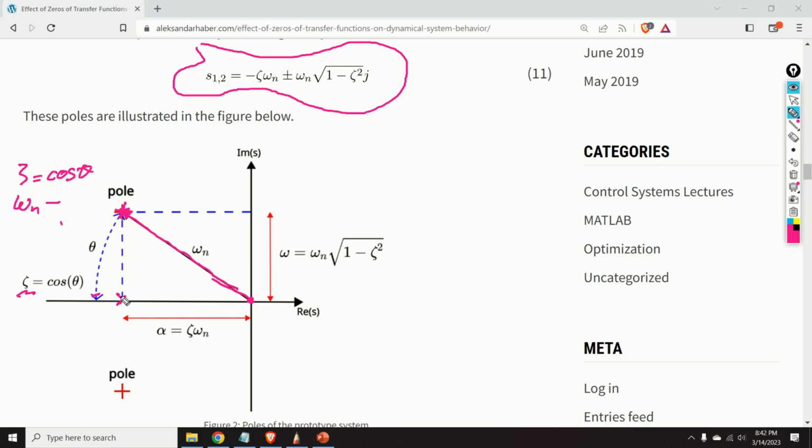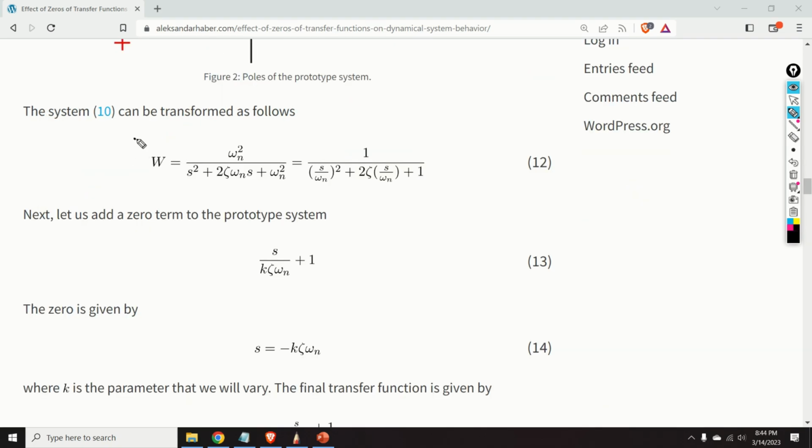And you can see over here the real and imaginary parts of the poles. Next, let us transform our prototype transfer function into a more suitable form. We can simply take this constant and put it over here. And as the result, we obtain this form over here.